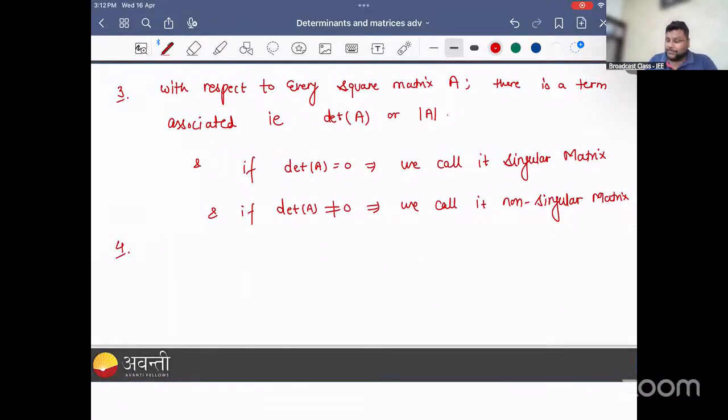Now, fourth term. Say you have a matrix A as 0, A, minus B; minus A, 0, C; B, minus C, 0. Can somebody tell me what special kind of matrix this is? Yes, anybody?